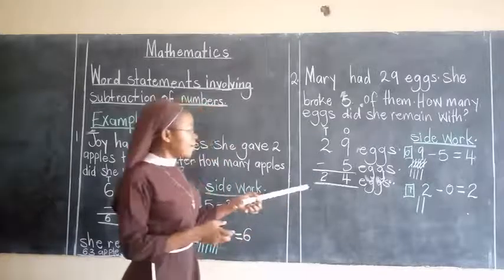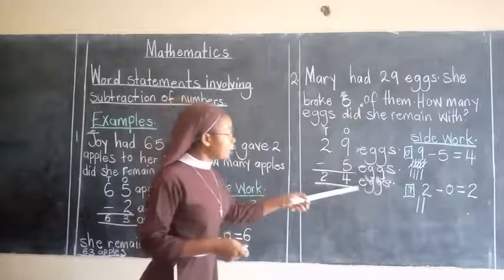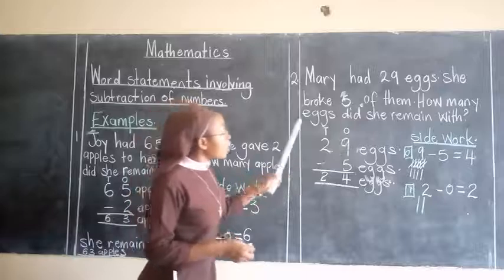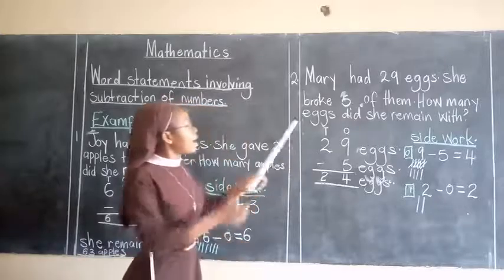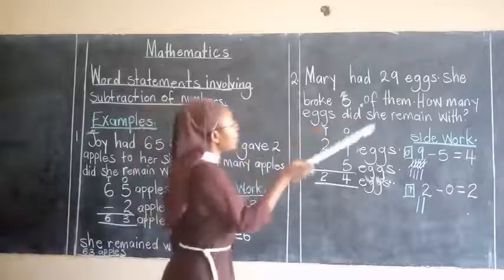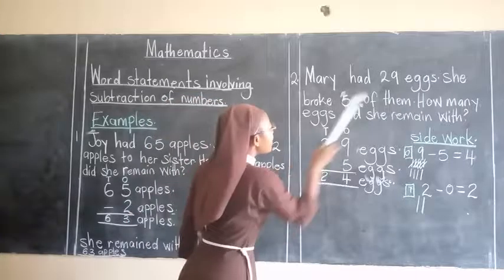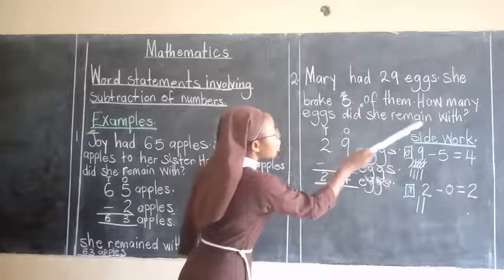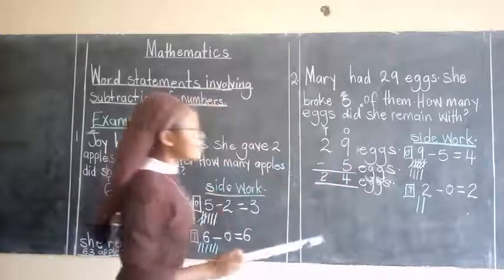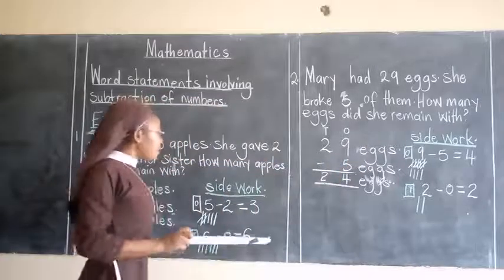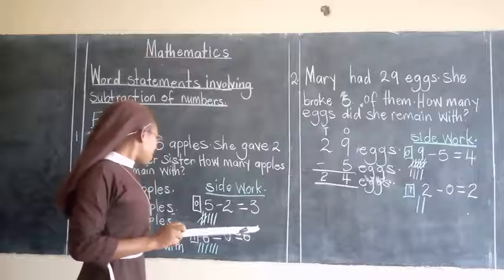We shall have our answer as 24. We go back to our question and read. Mary had 29 eggs. She broke 5 of them. How many eggs did she remain with? Our next task is to write the final statement.